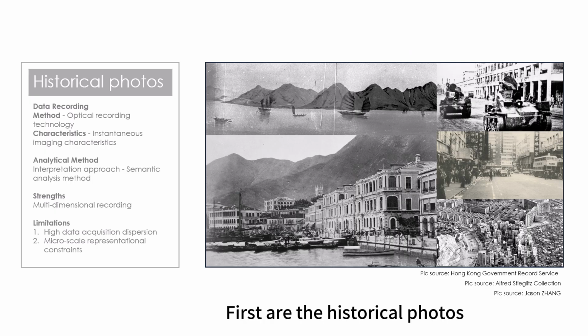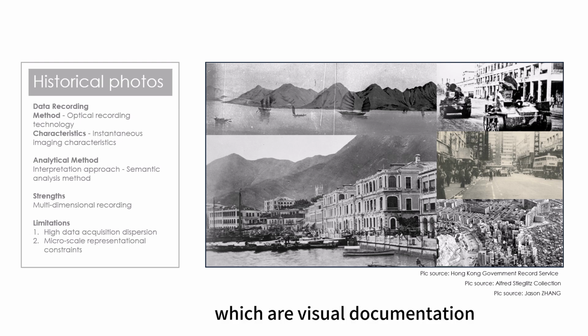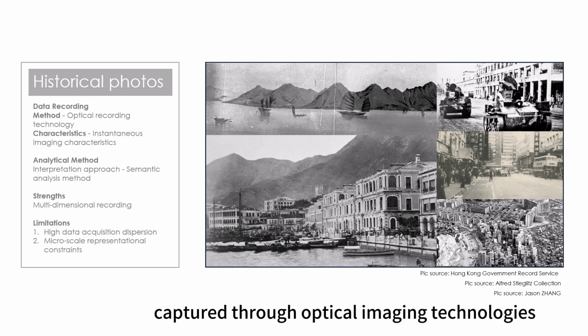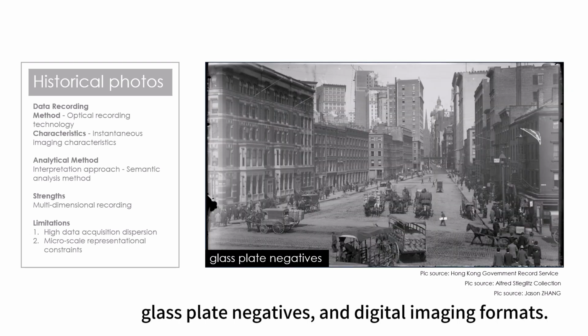First are the historical photos from historical optical image mentioned above, which are visual documentation of urban physical spaces and socio-culture behaviors captured through optical imaging technologies, including silver gelatin prints, glass plate negatives, and digital imaging formats.